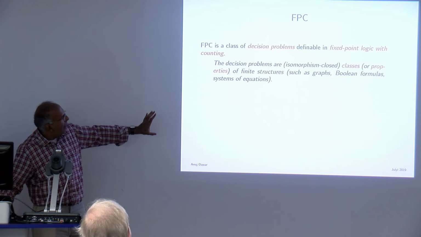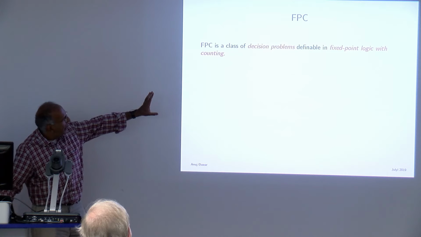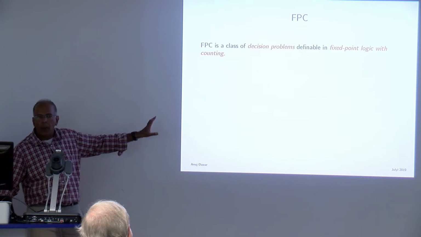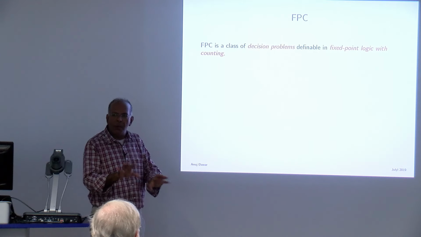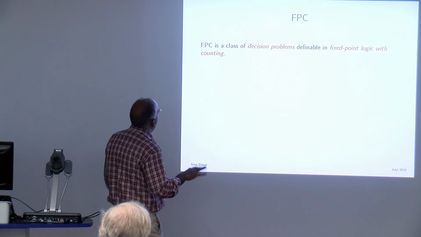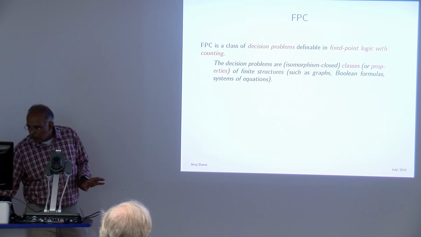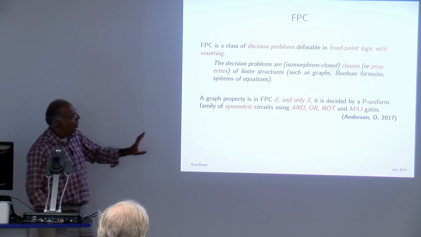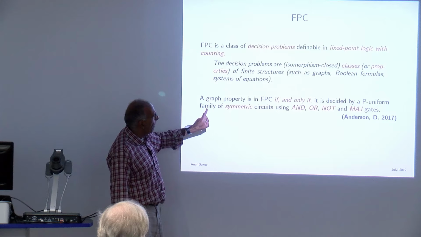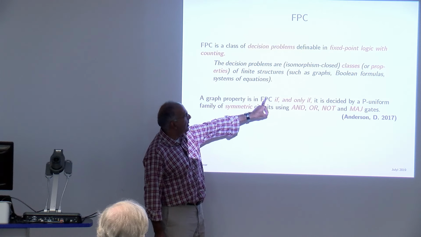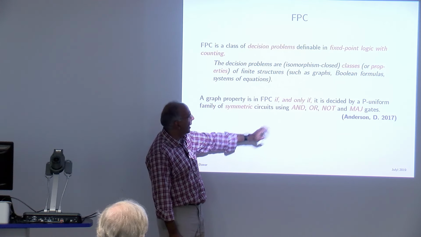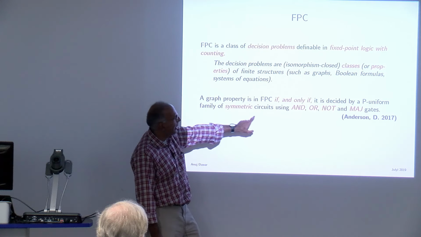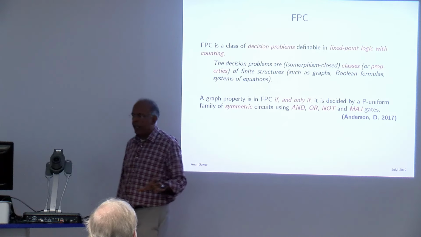So, FPC stands for fixed point logic with counting, but I'm going to say almost nothing about the logic. All you really need to know is a graph property is definable in this logic if and only if, this was our result, it's decided by a uniform family of symmetric circuits using AND, OR, NOT, and majority gates.